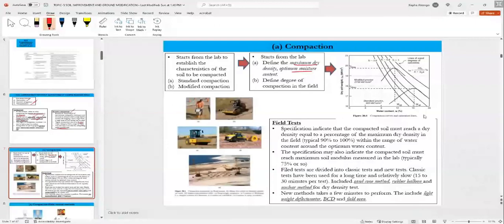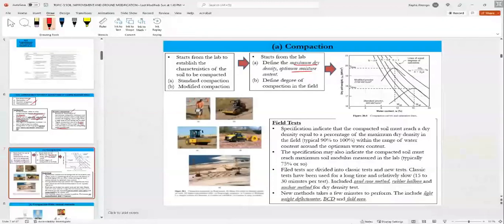So in this case, look at this curve. We have different zero air void lines plotted for different saturation. Okay, different saturation.